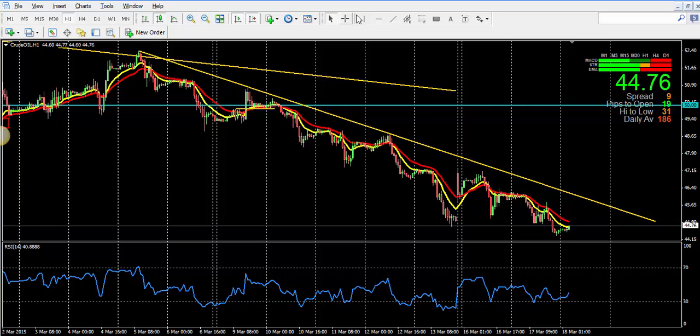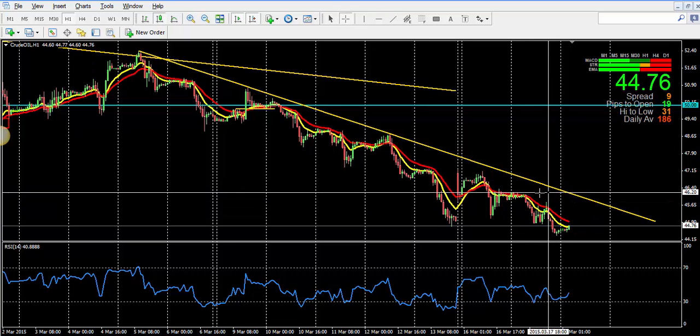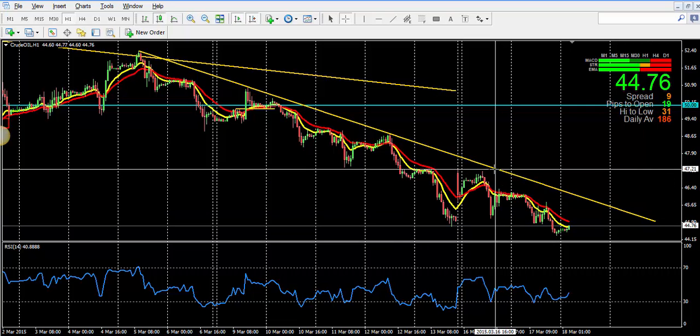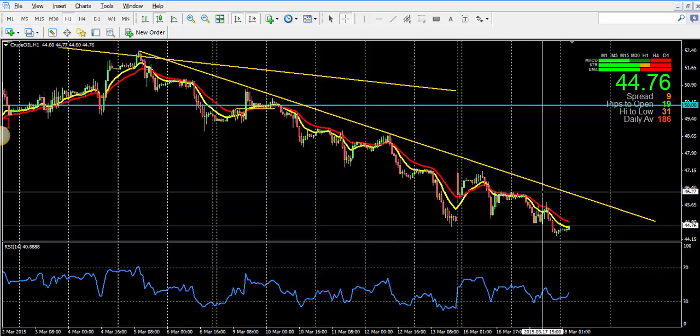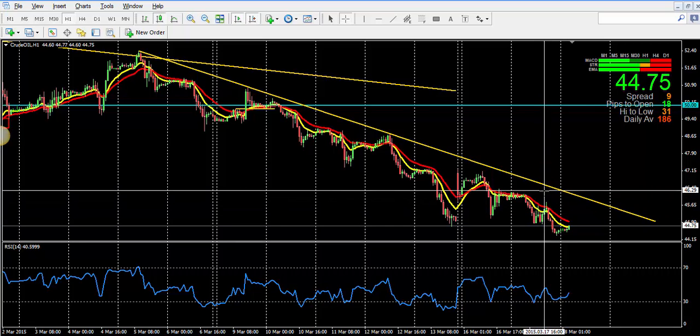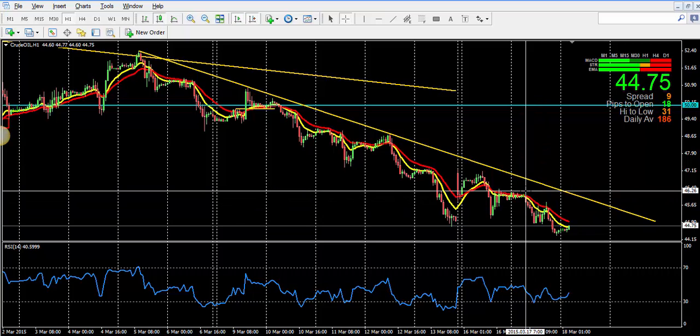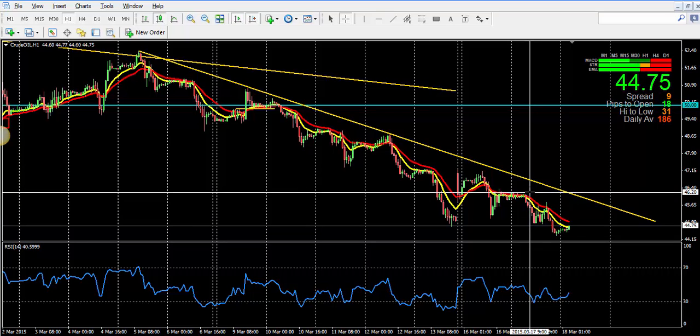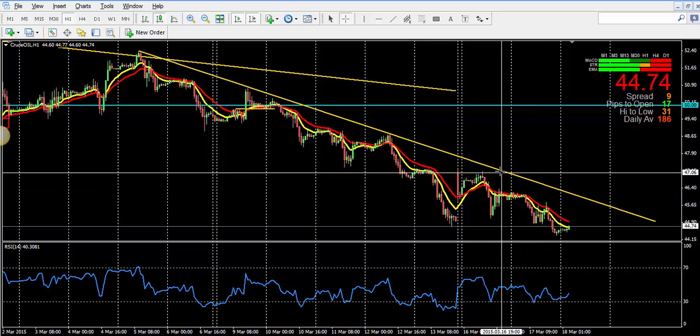But here's the problem. This area right here is the previous day high, and this is the day before it. Above the previous day high, buyers are in control. Yesterday they tried to push towards the upside, but they failed at this level. So this is a very critical level. You can mark the previous day's highs and the day before.